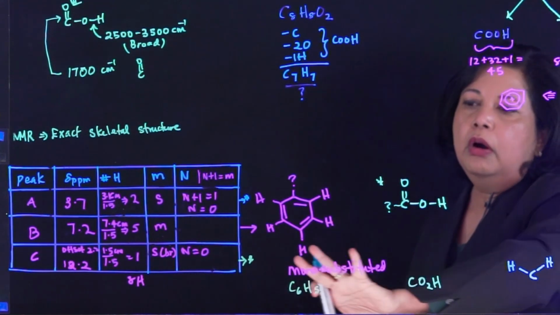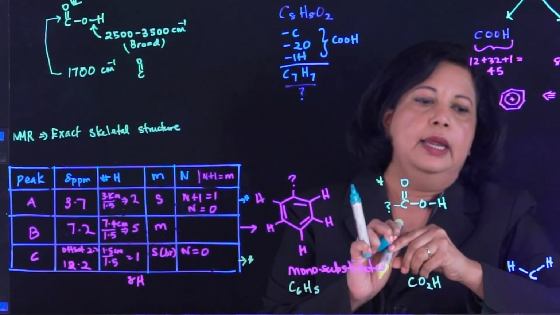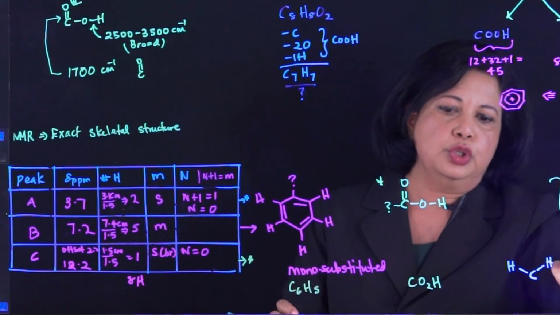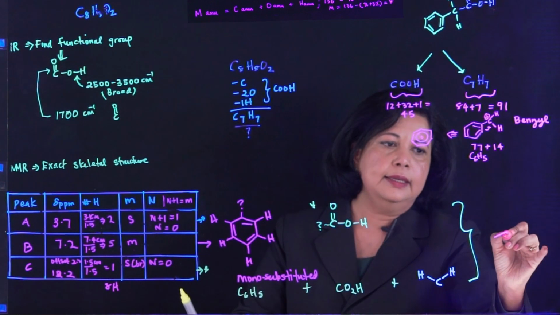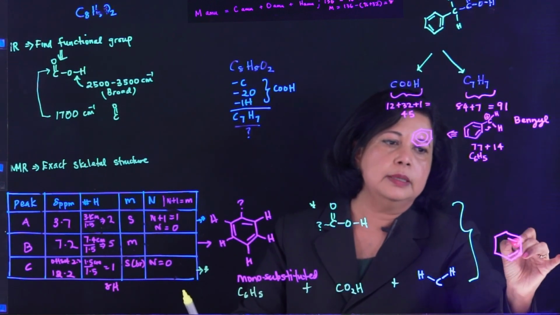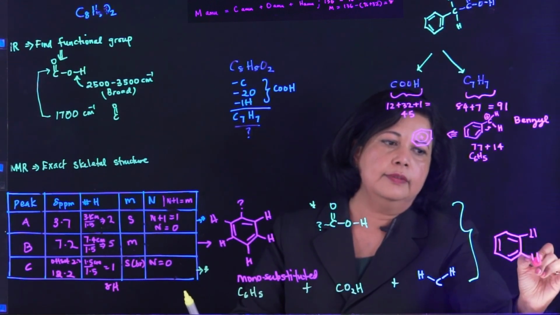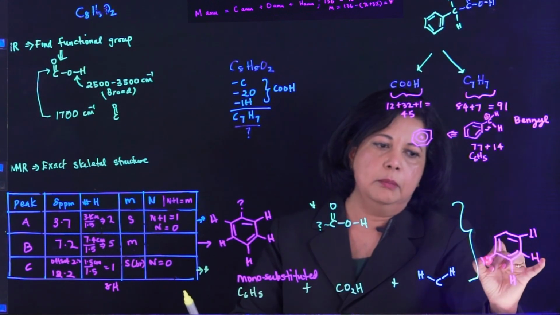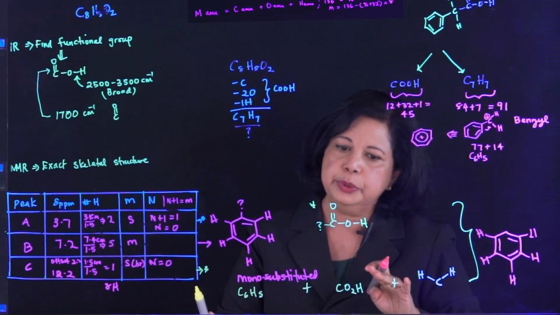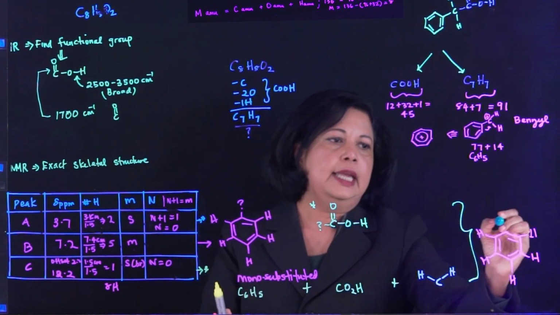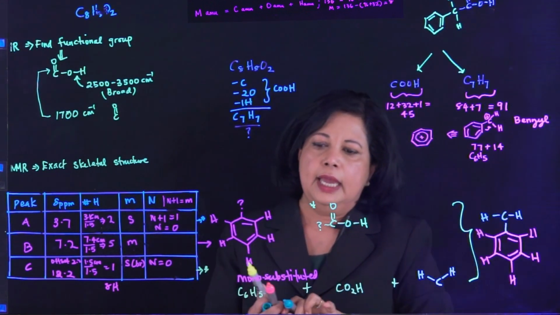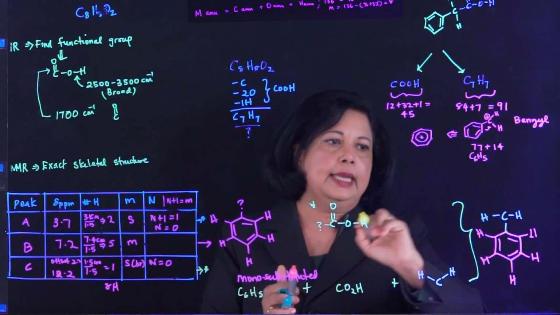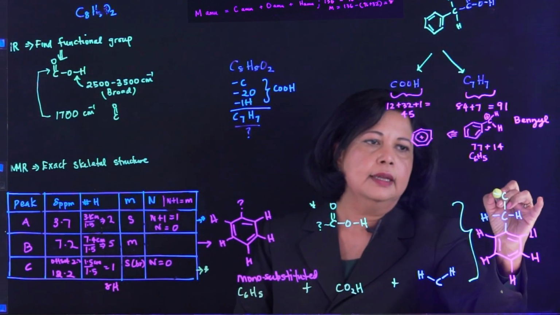So we can put all of these pieces together and come up with a structure. So you have this plus this plus this, a benzene that is mono-substituted with 5 hydrogens, which is why you're getting a multiplet there at 7.2. We have a CH2 in between, and we have a carboxylic acid following that.